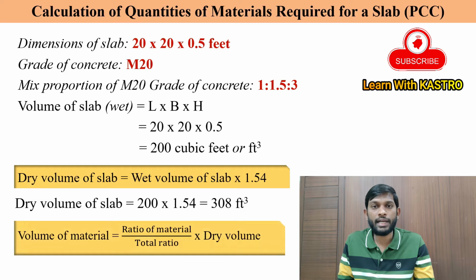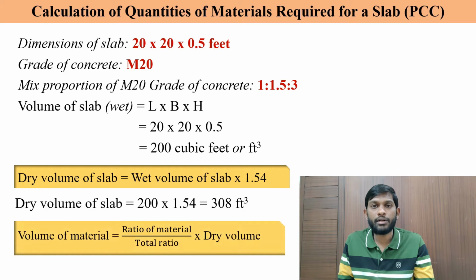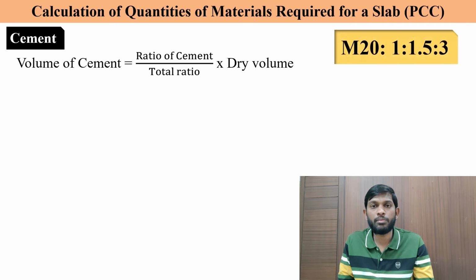So now let's calculate the quantity of cement. In order to calculate the quantity of cement, we have the formula: volume of cement equals ratio of cement divided by total ratio into dry volume. So for M20 grade of concrete, the ratio of the cement is 1 divided by the total ratio.